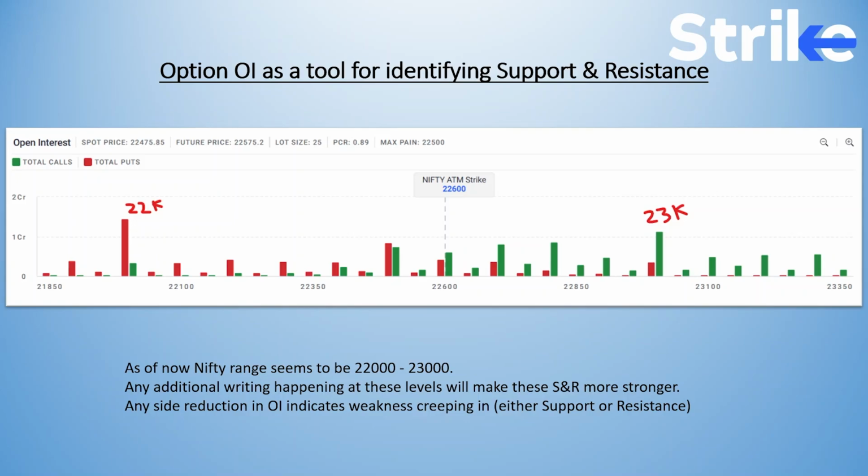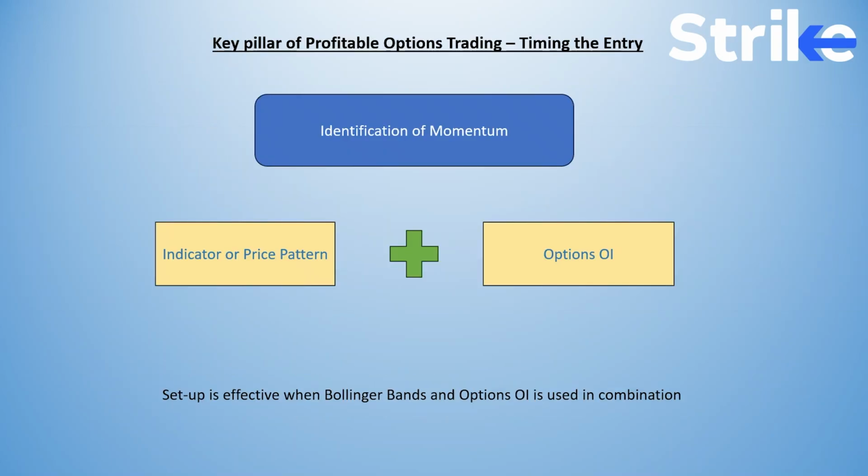The inner range would be somewhere between 22,500 and 22,800, where the next level of accumulation has happened. Once these boundaries break, we could see fast and significant price movement. So basically, Bollinger Bands expansion and break of the open interest range is our criteria today for identifying momentum in stocks and timing the entry of the trade.